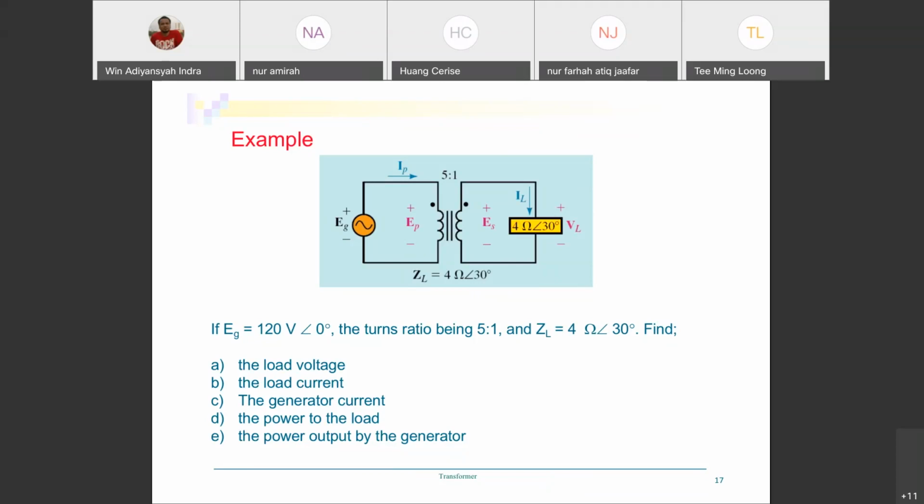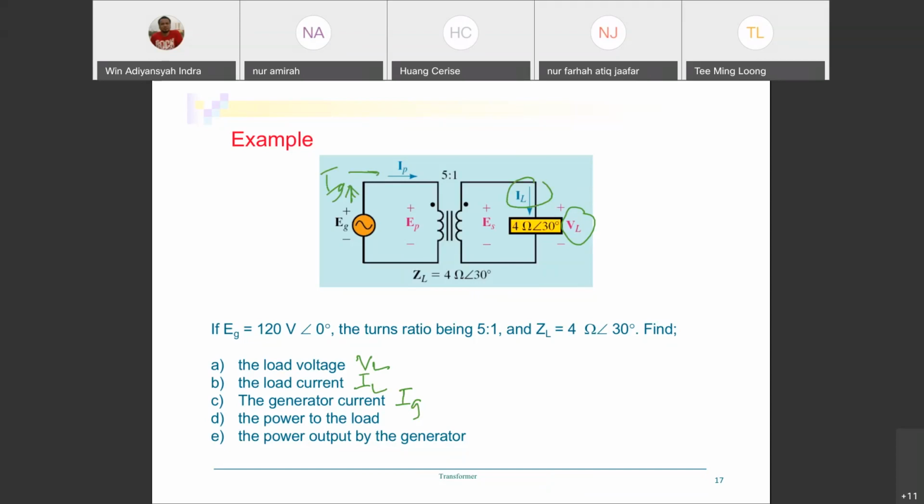Load voltage here is VL, this one. Second one, load current, IL, this one. Third one is generator current IG. IG is actually from this one, but if you look, it goes down here to IP.